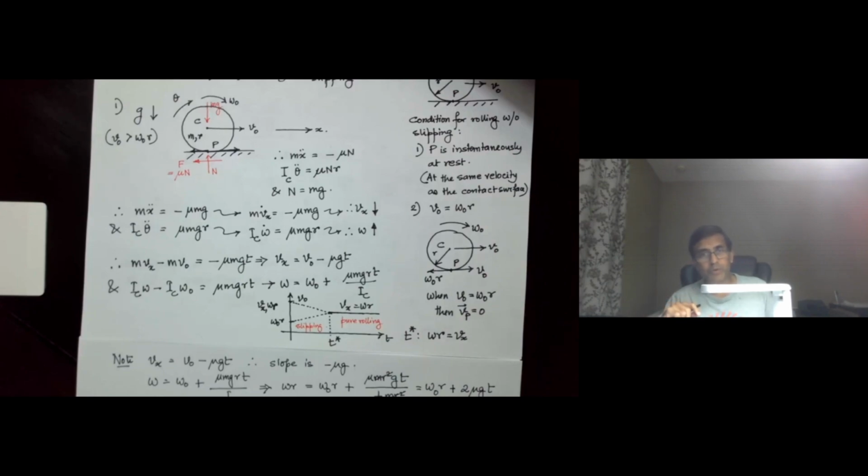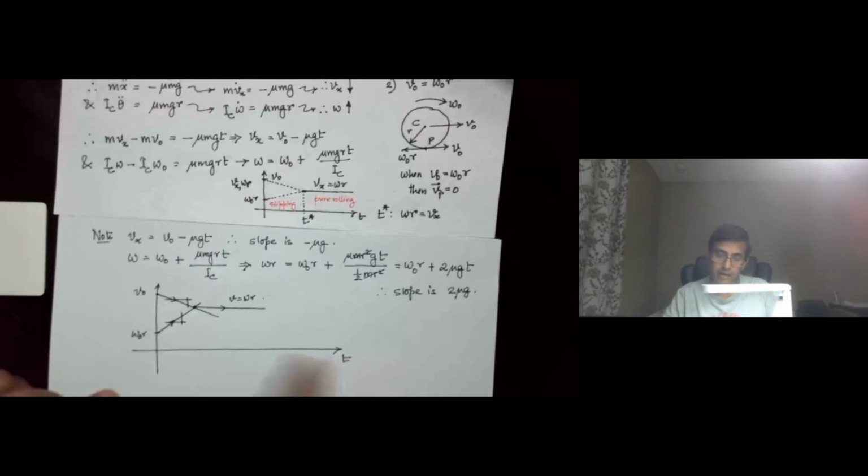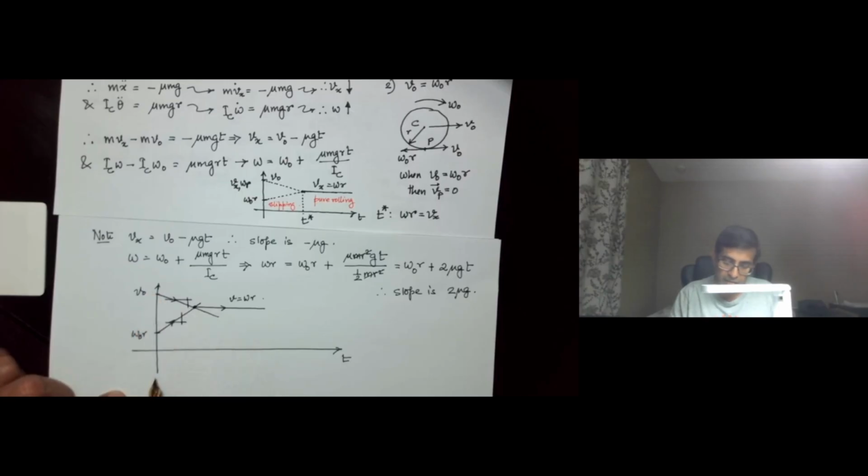But we should be able to prove that because throughout the slipping energy is lost, then the energy level here must be less than the energy level at the starting point, right? So let's say that the energy level over here is E1 and the energy level over here is E2, then E2 must be less than E1.